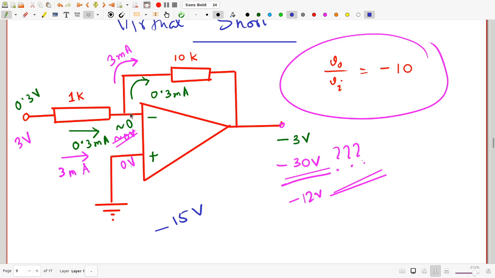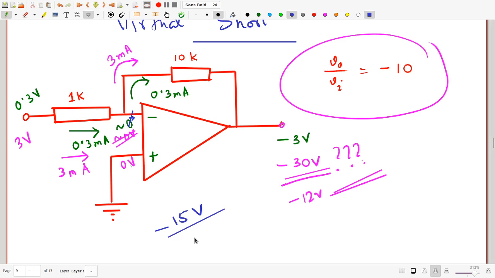And despite the fact that there is a branch here, this still is a series circuit for the simple reason that the op-amp will draw very, very little current. So you can neglect this current and insist that the same current flows through both the 1K and the 10K, virtual ground or not. The same current flows through this and this simply because the op-amp will not allow much current to flow in.